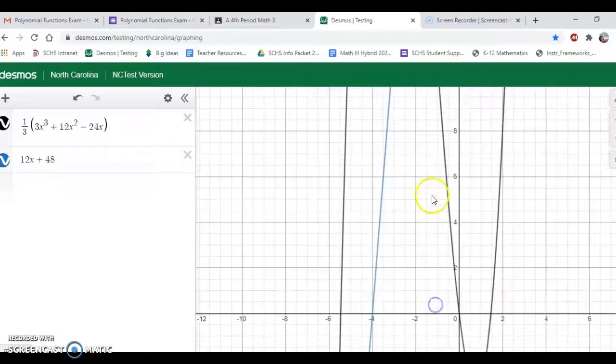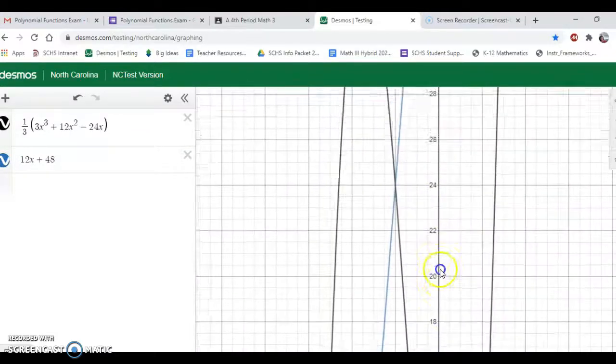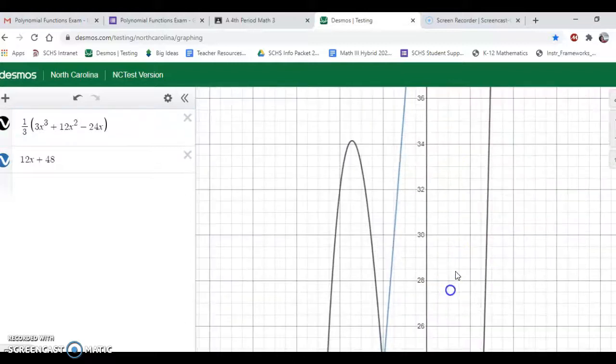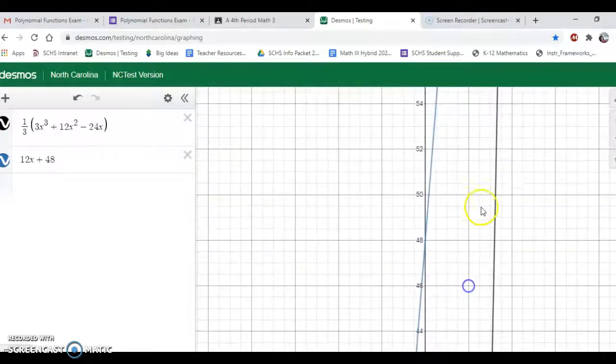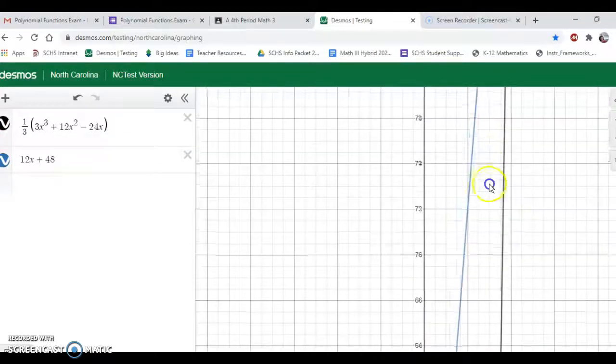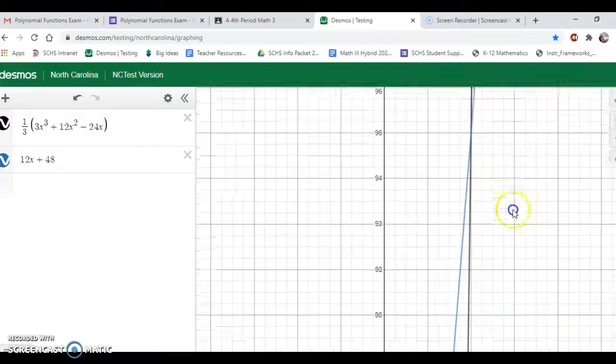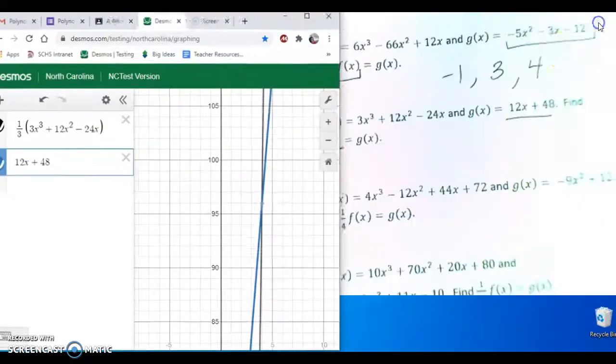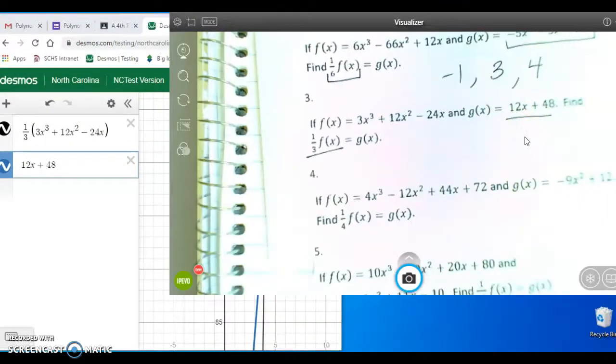And then it's going to intersect somewhere else back up in here. There's another answer, -2. And then I'm going to scroll one more time just to see, and I'm thinking that the blue and the black is going to intersect up here somewhere. -6, 2, and 4.